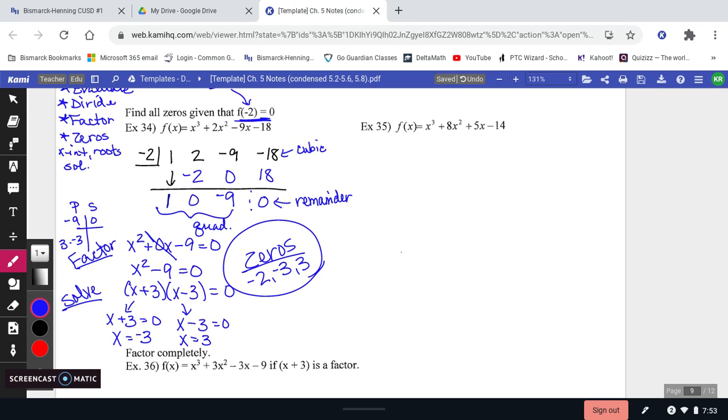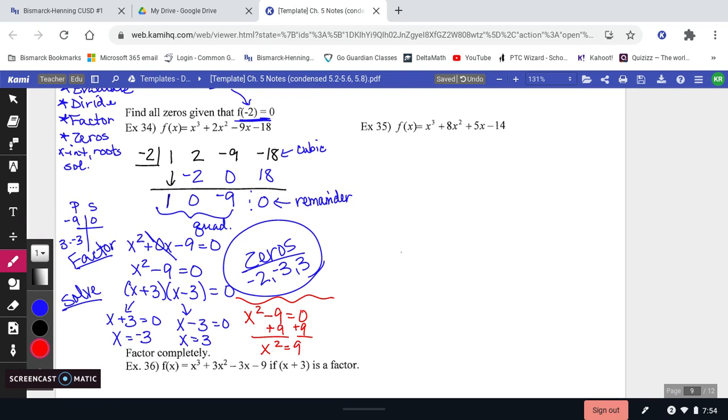Now, when we got to this x squared minus 9, remember you have multiple ways in which you can solve quadratics. We factored, we could have done the quadratic formula. Another one that would have been very easy to use would be solving with square roots. If I had moved this 9 to the right side, I would have gotten x squared equals 9.